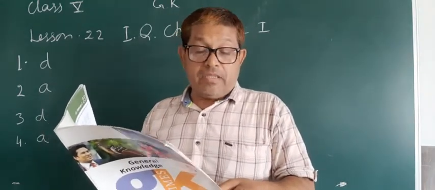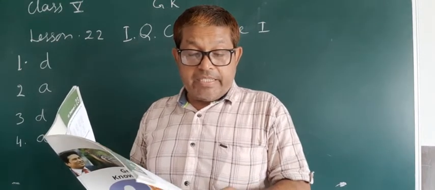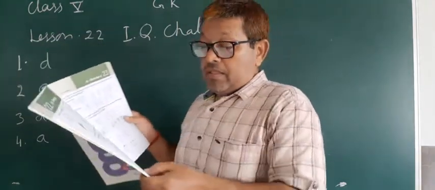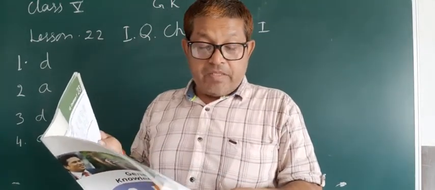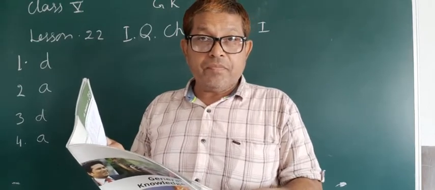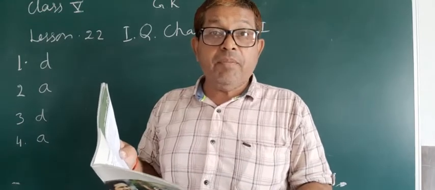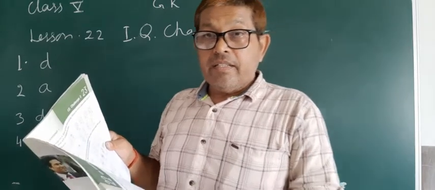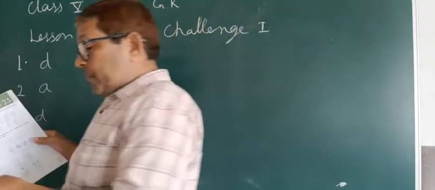In the fourth, first having 1 bar, second having 4 bars, and next has to be 3 bars. So in this situation A is the correct option. So fifth A.